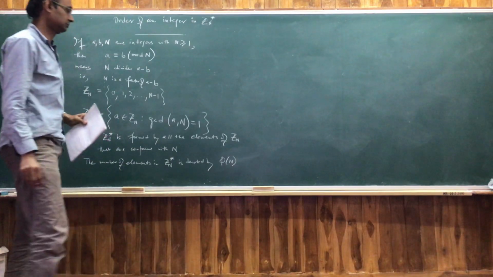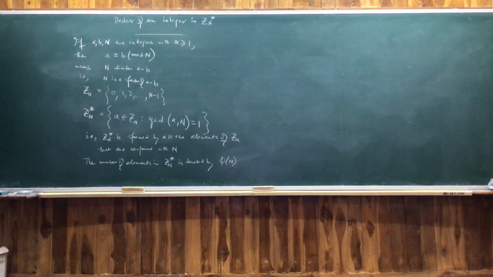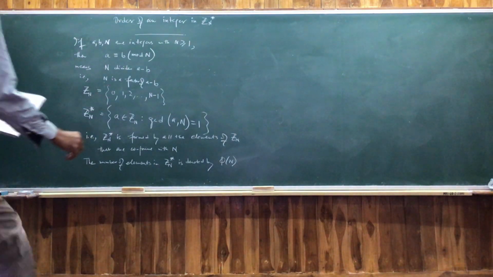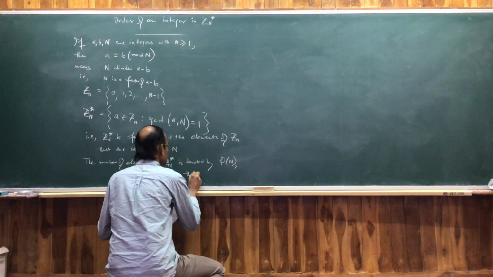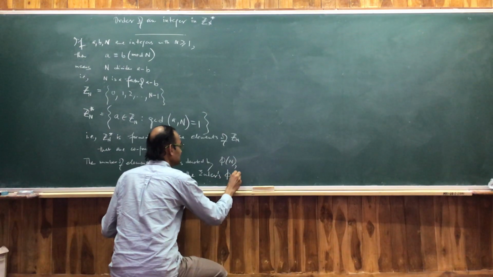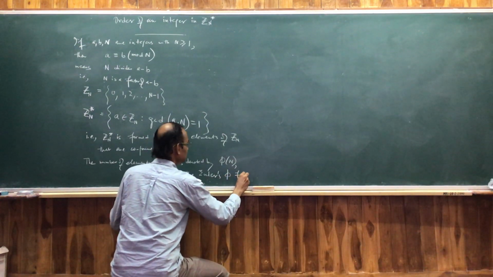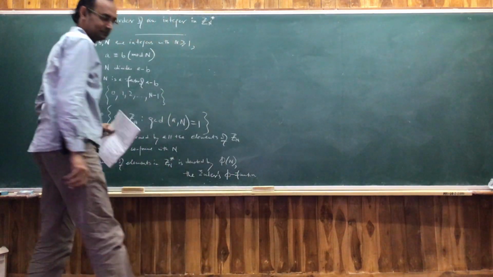Call it phi n, the cardinality of Zn star. But we are not the first ones to be interested in this. There are big people who are interested in this. It's called the Euler's phi function.